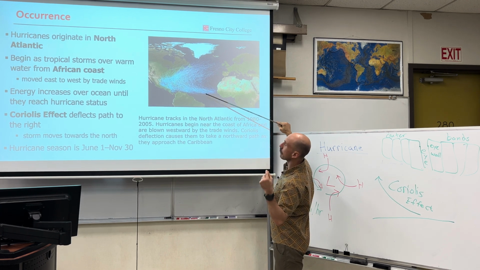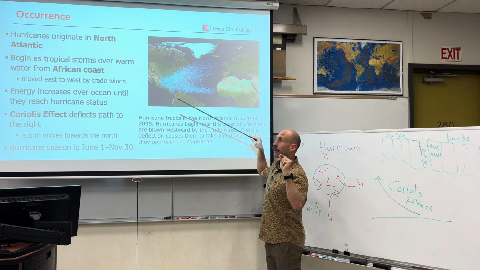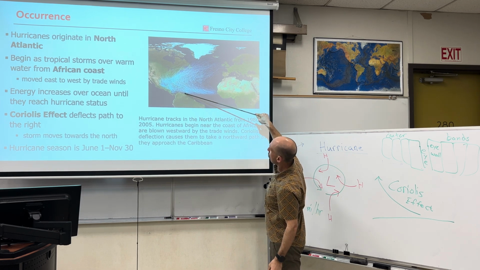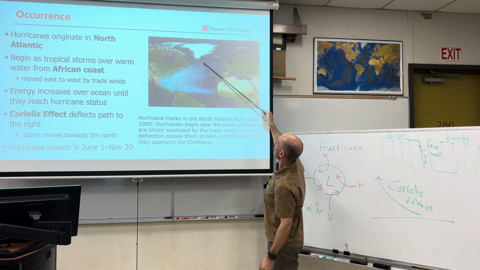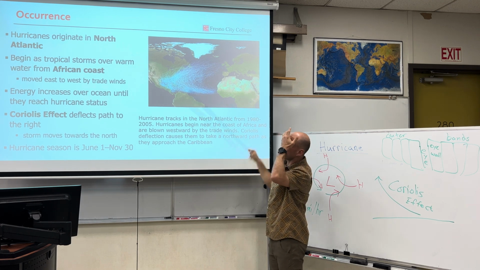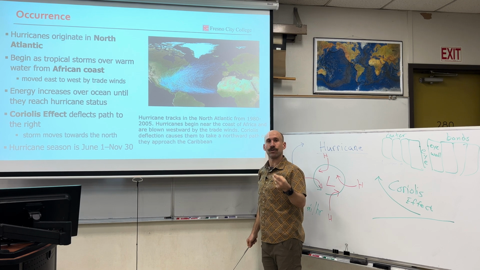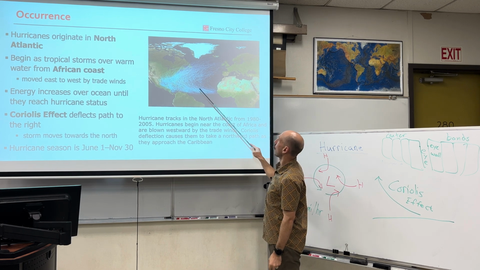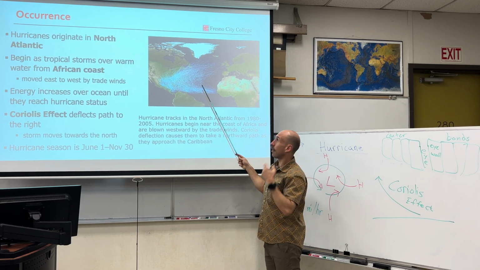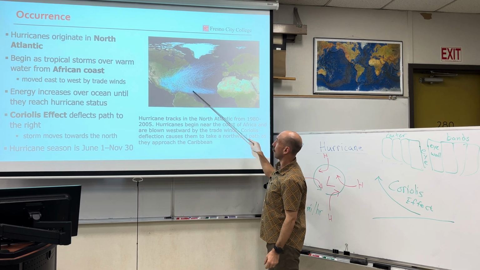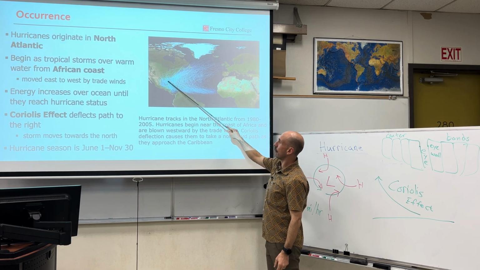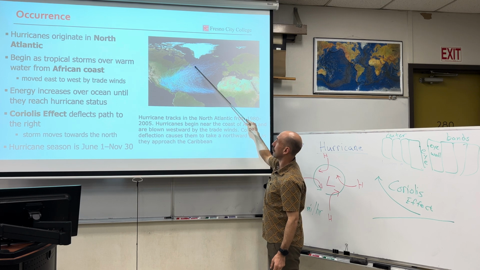And because of the Coriolis effect, they bend to the right and then dissipate up here in the North Atlantic, where the water is much colder and they no longer have the energy to support them. So originating in areas that are hot and humid, traveling, sometimes making landfall, bending to the right.